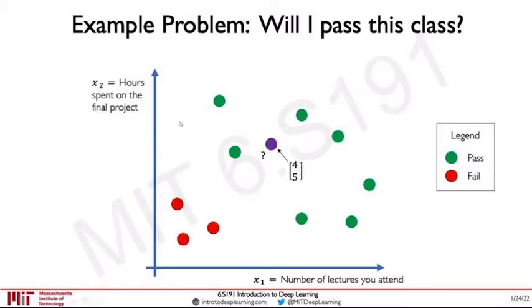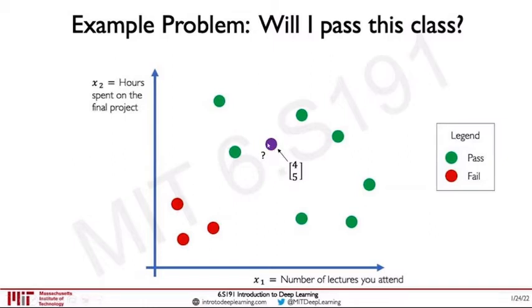Let's say we have a new data point, somebody who is not part of this class, who attended lectures 4 times and spent 5 hours on the final project. We want to predict whether he's going to pass the class or not.